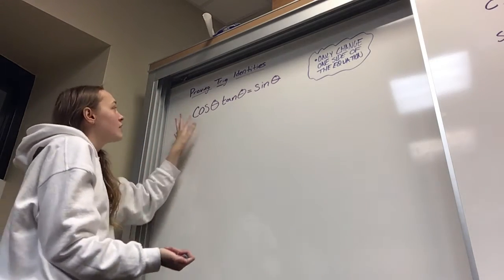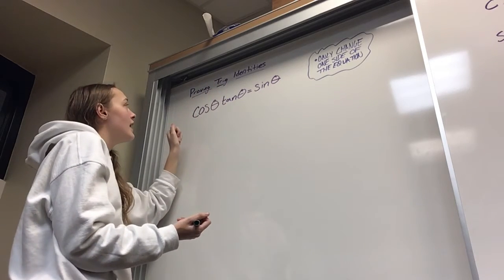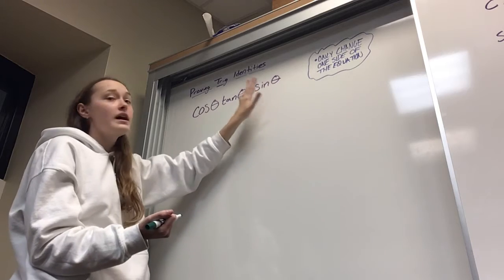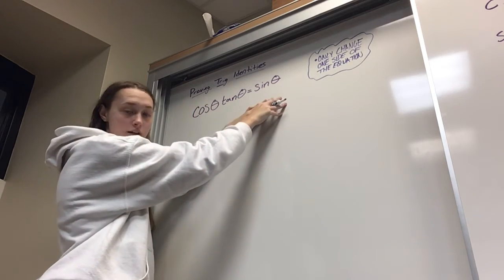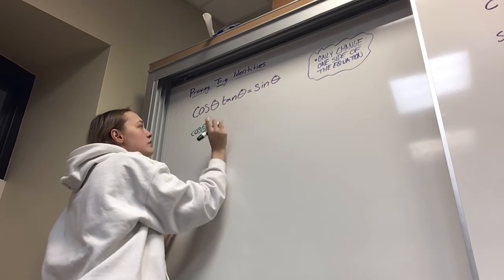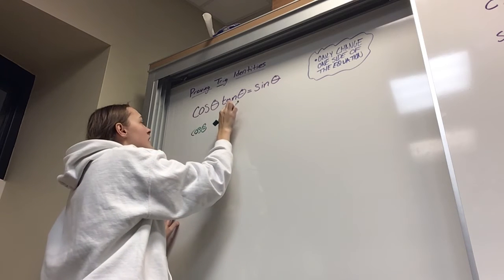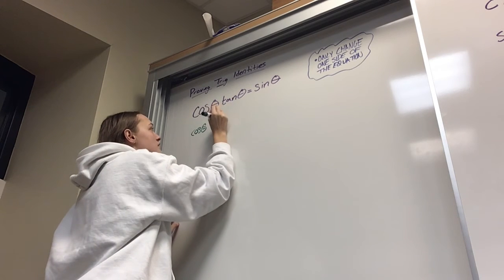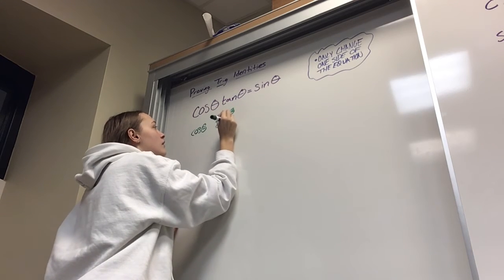So for me, I'm going to choose to change this messier left side, and I'm going to work on that. So the sine stays the same. I just have to turn this side into a sine. So what I'm going to do is use my ratio identity, saying that tangent of theta equals sine of theta over cosine of theta, right?